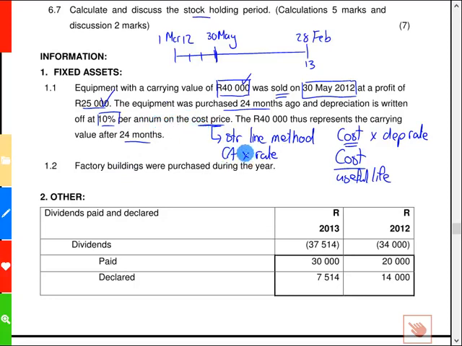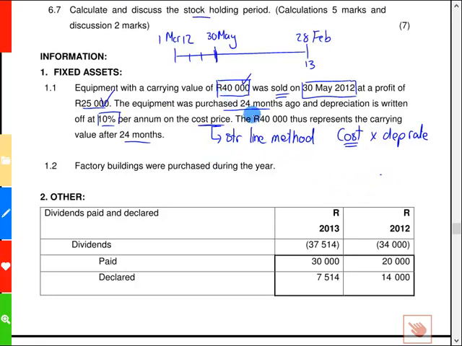If it was on the carrying amount, or if they said reducing balance method, then it would be the carrying amount times the rate. There's only two depreciation methods for your curriculum: the straight line method, which is cost times the rate, or the reducing balance method, which is carrying amount times the rate.